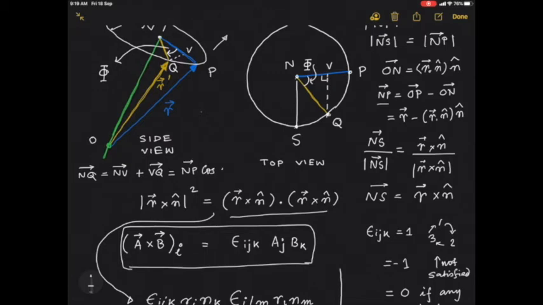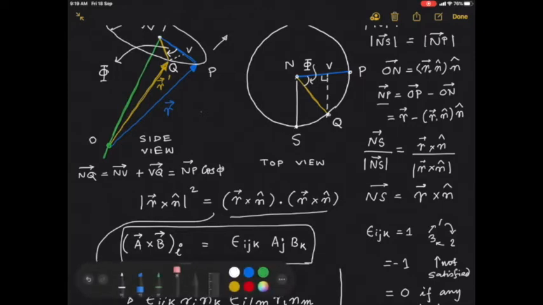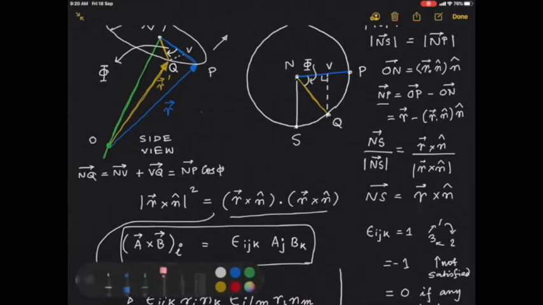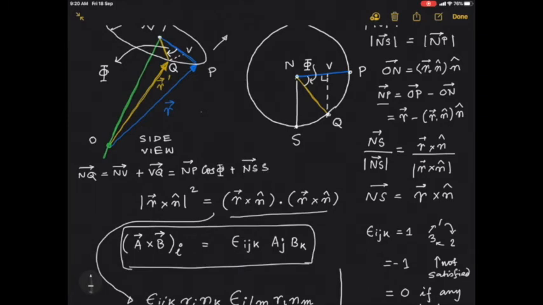So NV is NP cos phi and VQ is NS sin phi. Just decomposed it into the two perpendicular components. Right? So that's simple geometry. This is top view. Let me keep it here.